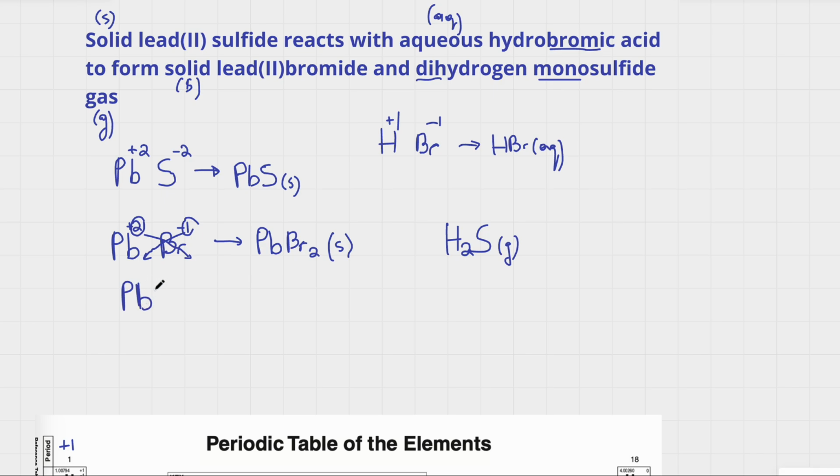Pb solid plus, it reacts with means plus, aqueous hydrobromic acid, HBr aqueous, goes to, because what it forms should be on the product side, on the right side, solid lead(II) bromide, PbBr2 solid, plus dihydrogen monosulfide, H2S gas.